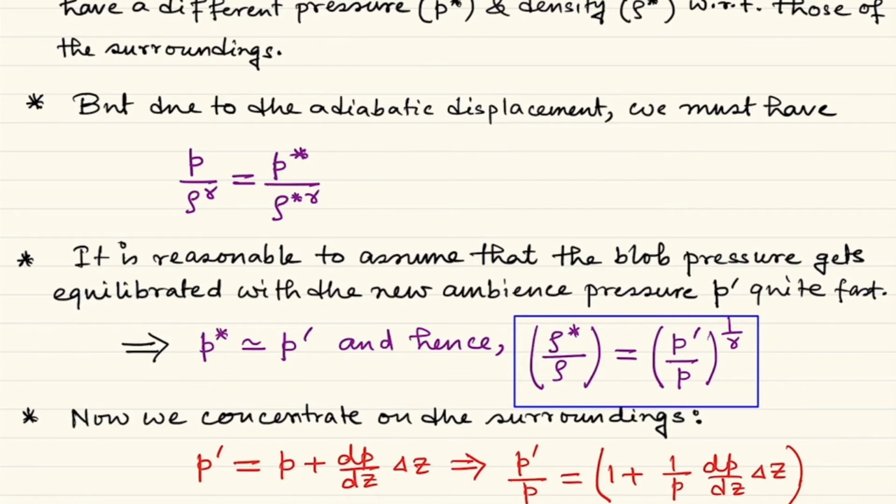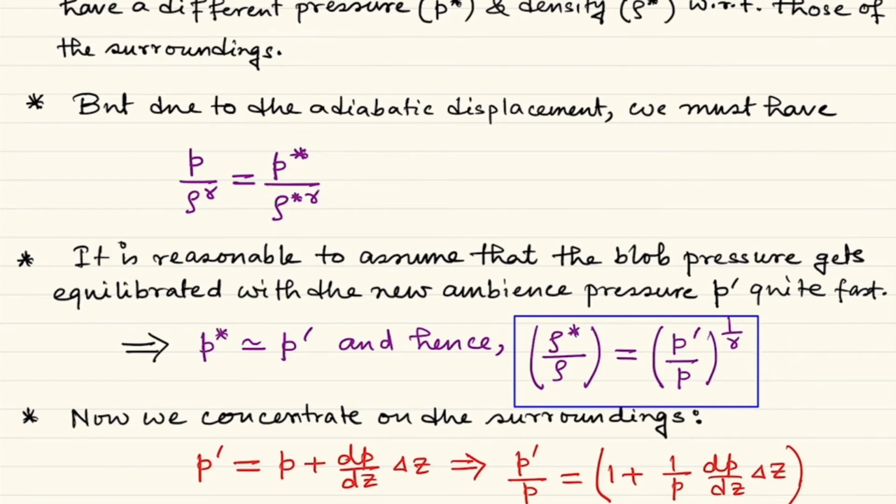Okay, so now in this equation we can simply replace P star by P prime, and then we can write this equation as rho star by rho will be equal to P prime by P whole to the power 1 by gamma.